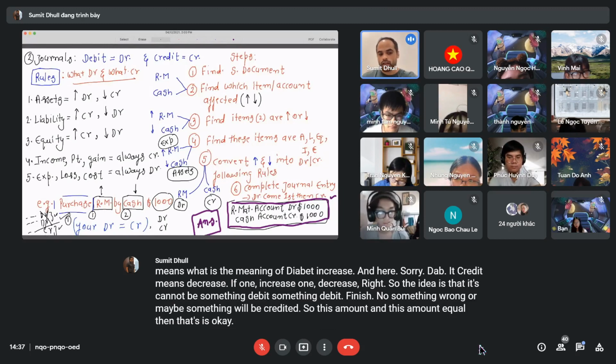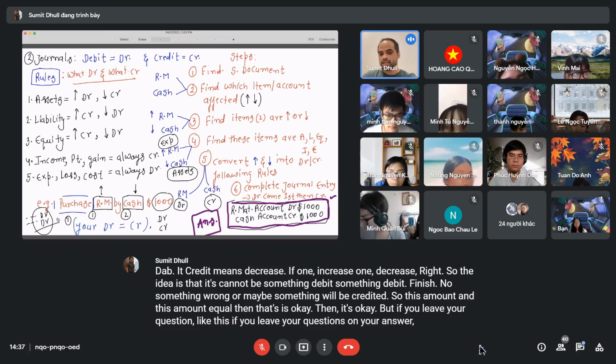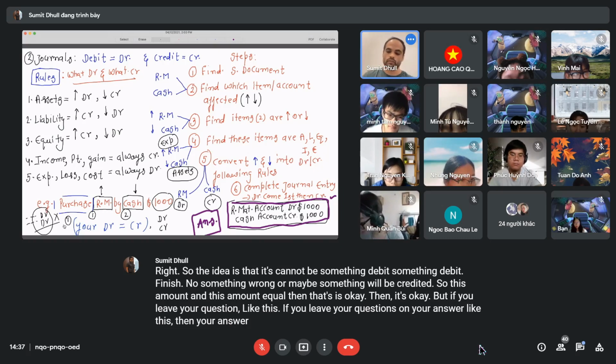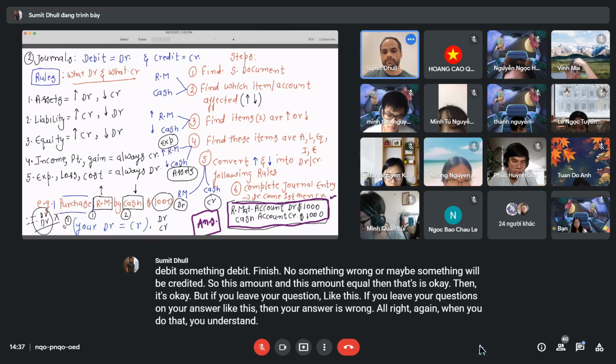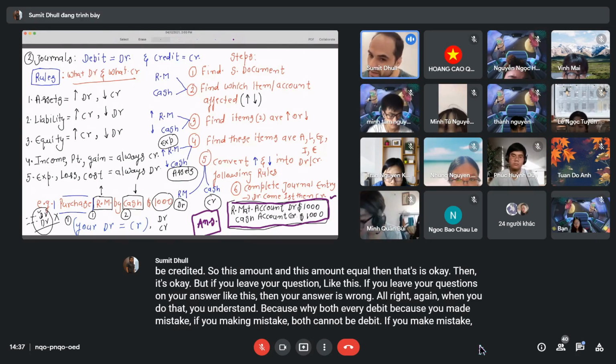But if you leave your answer like this, then your answer is wrong. When you do that, you understand why both are debit: because you made a mistake.